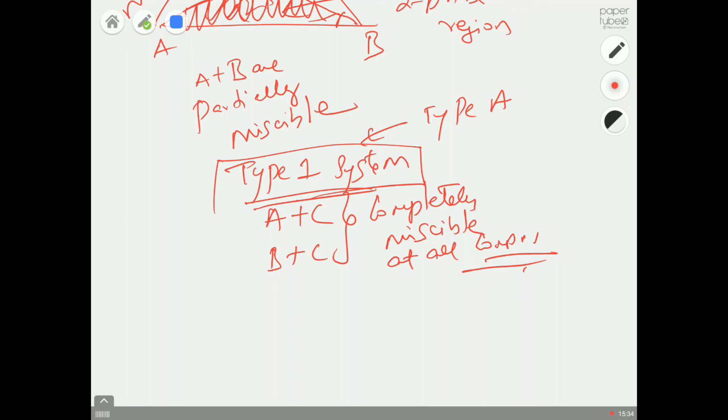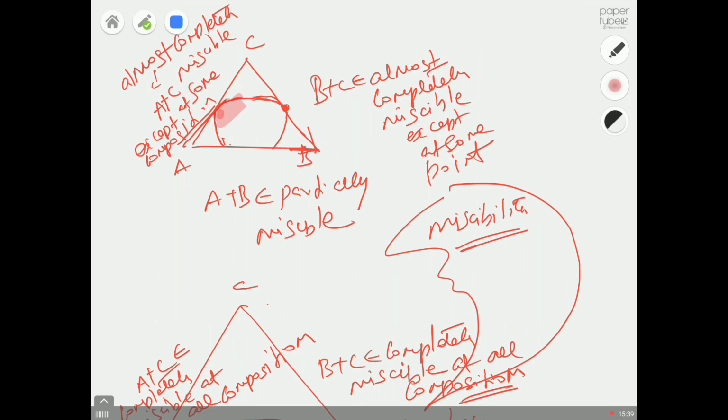And just to remind you, even in this type of system, everything under this region we will have a two-phase, which means separation is possible. This is your two-phase region, and everything outside is completely homogeneous.